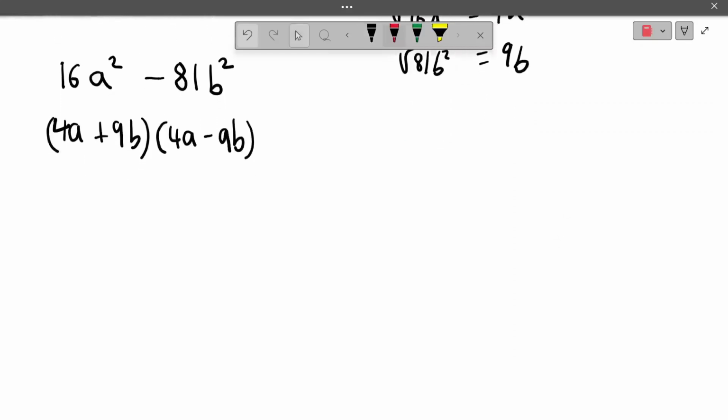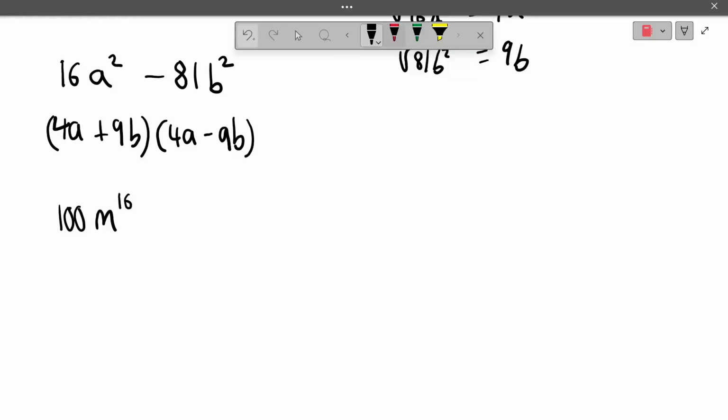We might have other bigger numbers. So I'm going to do 100 m to the power of 16 plus, not plus, should be minus, sorry, minus, I'm going to go 49 again q to the power of 10.